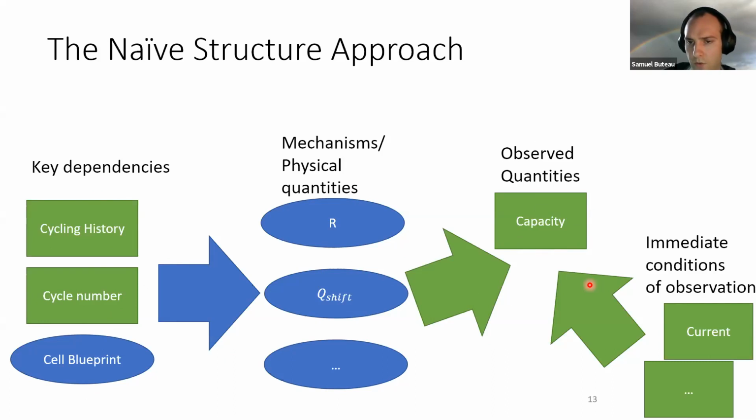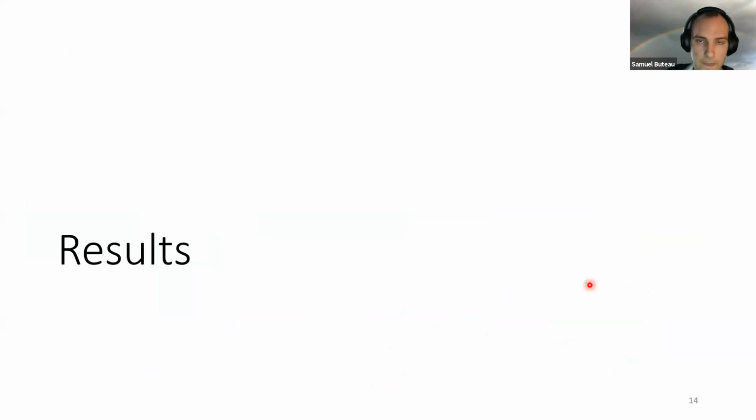In some cases, you will still have some neural networks in there. But that's the basic approach, and I call it the naive structure approach. So let's look at some results and discuss what they mean.